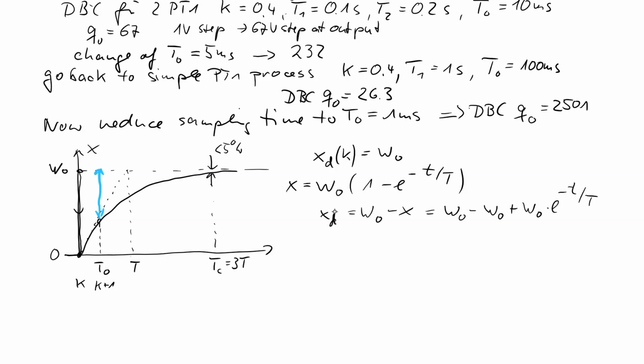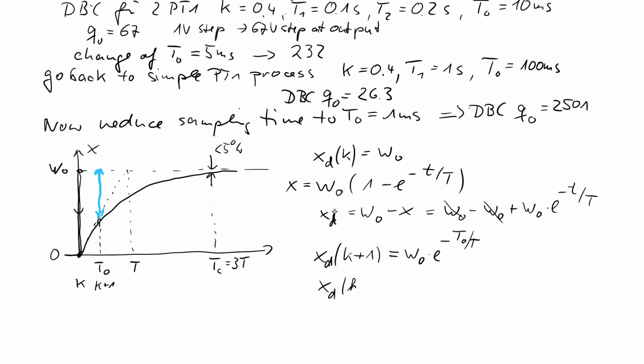That is the xd value. The first xd at position k is w. Let's look at what happens at k plus 1. One step further, at 1 sampling time, we have then the control difference. You see, this value can be eliminated, it is w times e to the power of minus sampling time divided by the process time constant of the closed loop system.